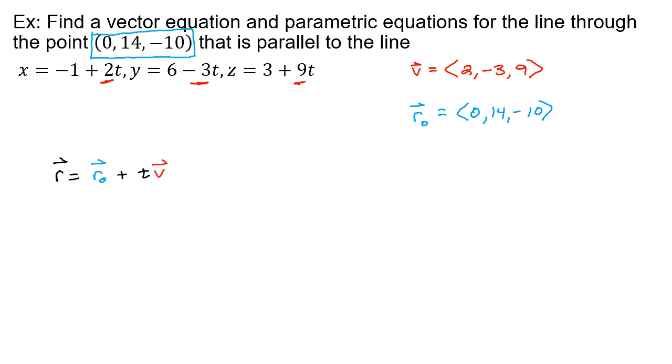So that's going to be our formula to come up with the equation of the line. And so we just write these things in here. This is equal to r naught, which is my 0, 14, negative 10, plus t times my vector v, 2, negative 3, 9.